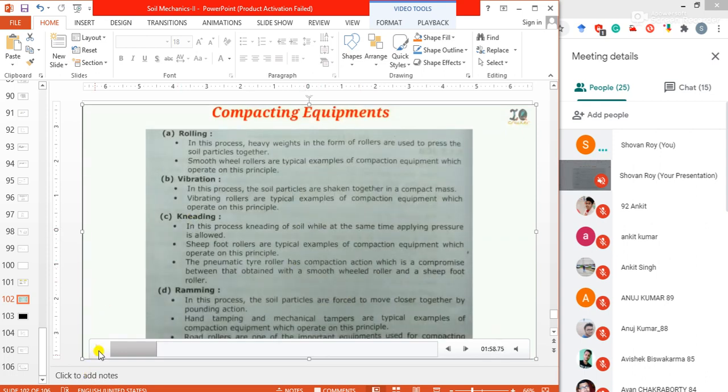I have said compacting means rolling, vibration, and kneading, but kneading we study in detail when we study modification of soil. Mainly, under compacting methods, there are rolling, vibration, and ramming.